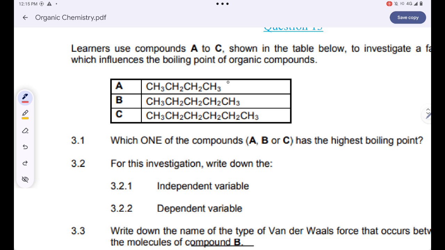This one is 4 carbons. We are dealing with butane. Compound A is butane. Compound B, 1, 2, 3, 4, is pentane. Compound C is hexane. Altogether, we are dealing with 3 different types of alkanes.